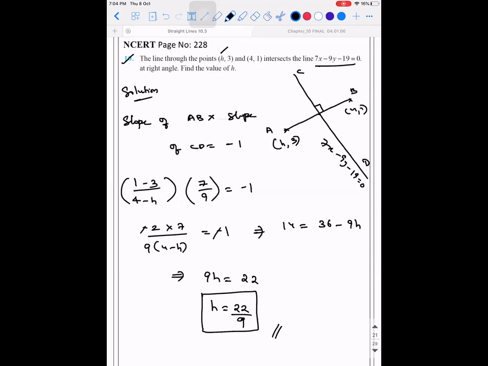Sir, could you explain the sum once again? See, what they have asked is, there is a line which is passing through (h, 3) and (4, 1). It is intersecting the line 7x minus 9y minus 19 at right angle. So right angle means they are perpendicular to each other. So when two lines are perpendicular to each other, what is the product of their slopes?